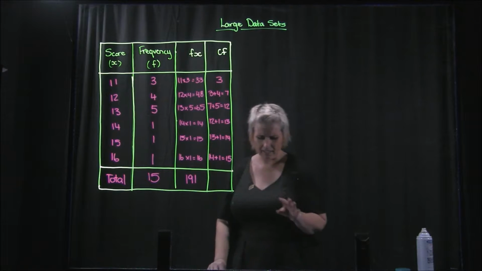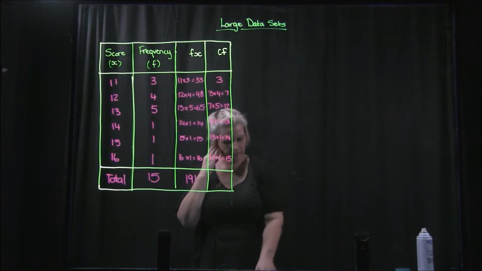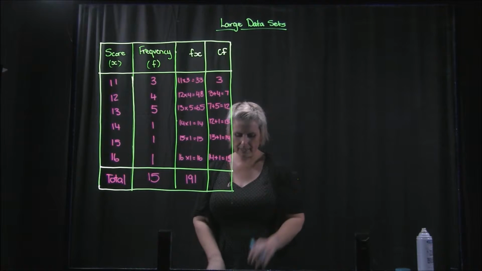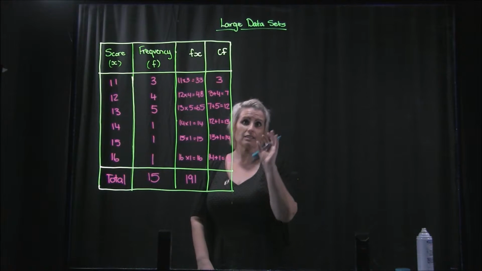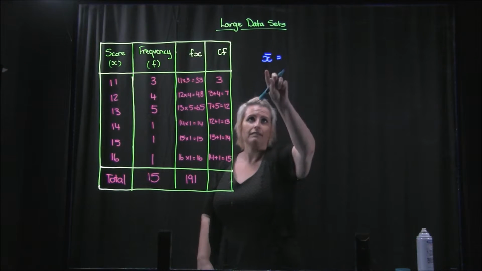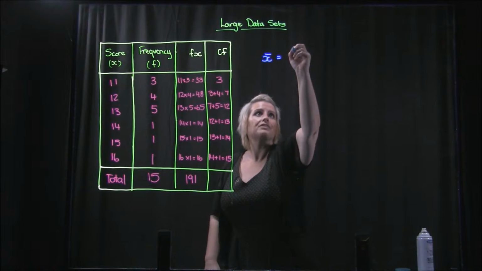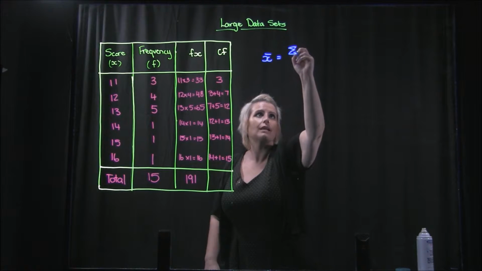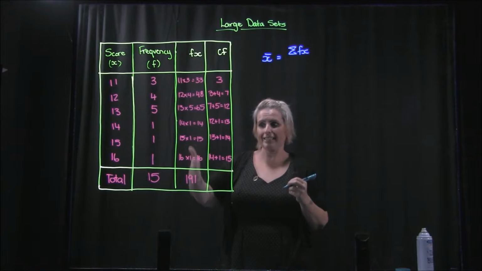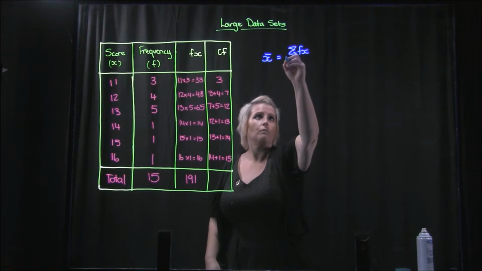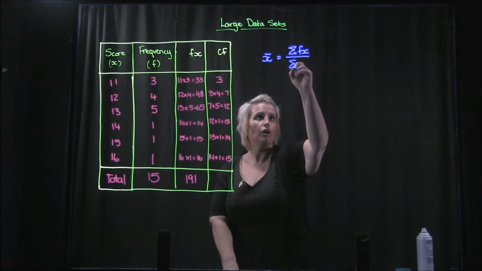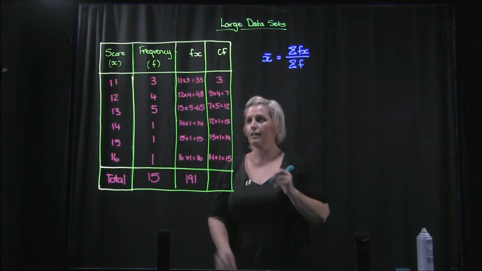Okay, so once we've done that, we can actually then find the mean from this frequency table. So the formula is just slightly different to what we did before. So we still have x bar for mean, so the mean is equal to, and this time it's not just the sum of x, it's the sum of fx, over the sum of our frequency column.